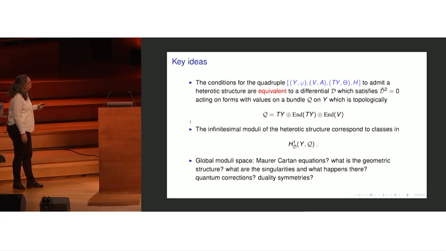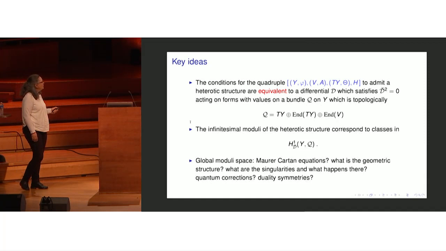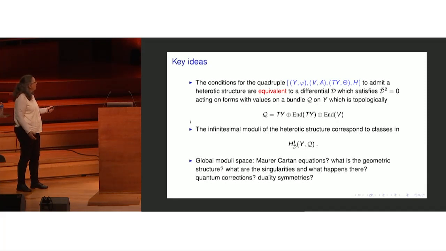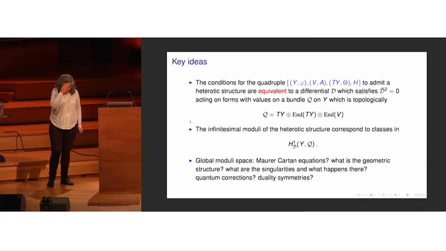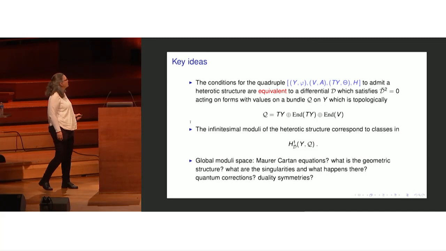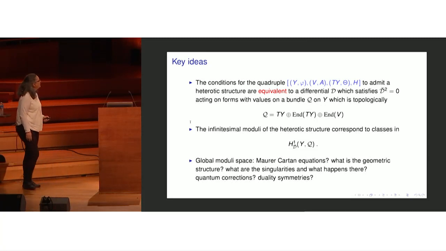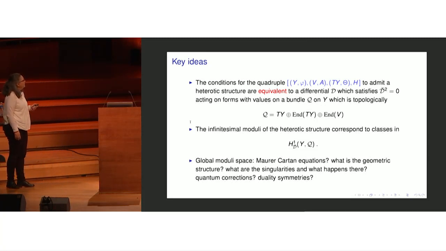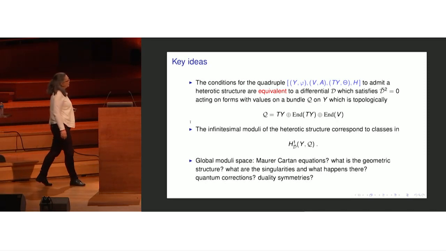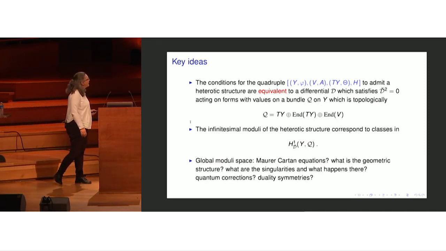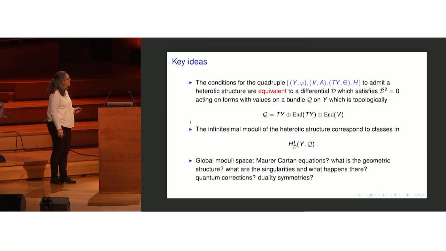And this operator acts on forms with values in a bundle on Y, which I'm calling Q, which is topologically the tangent bundle plus the endomorphisms of the tangent bundle plus the endomorphisms of V. We will see that infinitesimal moduli of the heterotic structure correspond to classes in H1 of this operator, and we will see that it is finite dimensional.